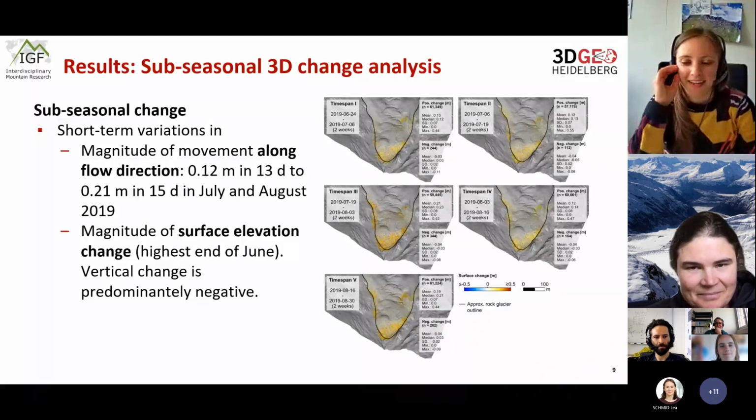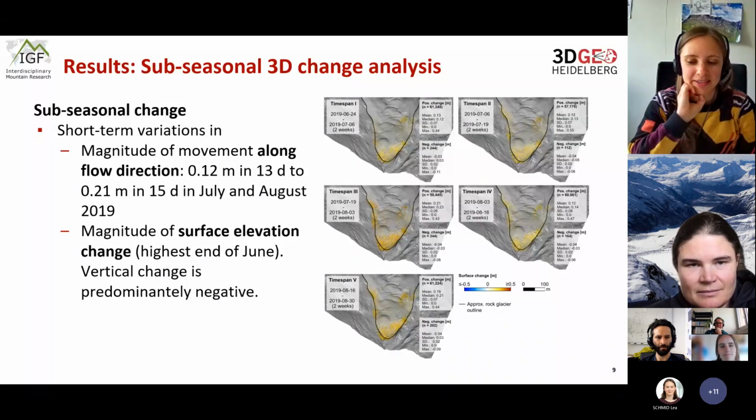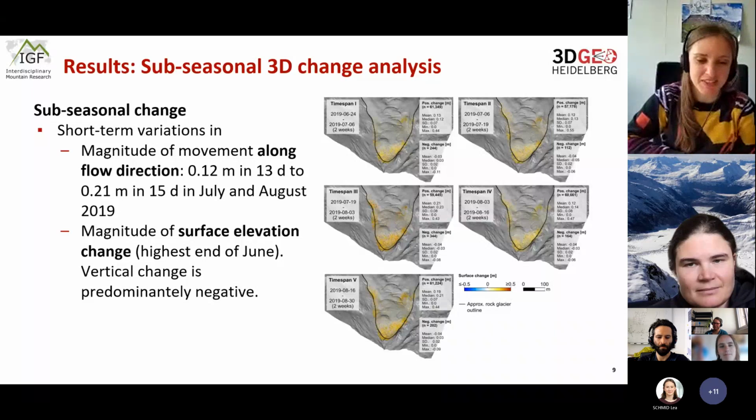Yeah, having hourly data would be really interesting to also see maybe daily variations in the surface change. However, I think that the methods that we currently use would not be suitable for hourly data, as the changes would be super small, maybe in the range of a centimeter, probably even less.